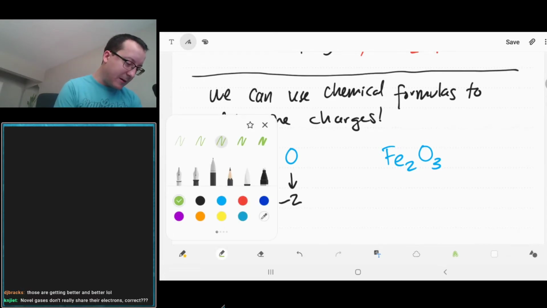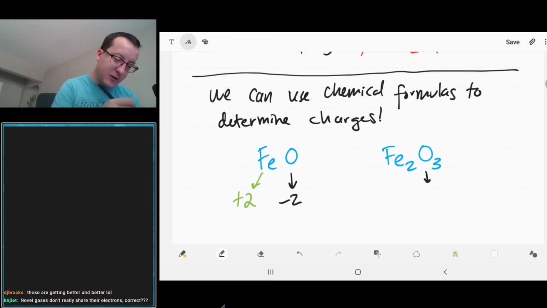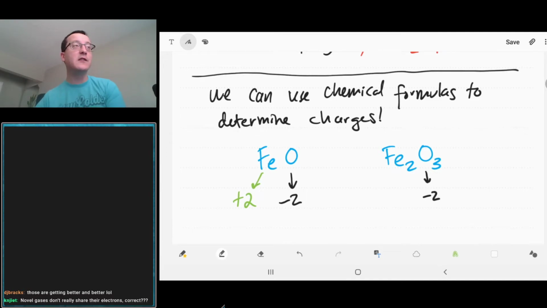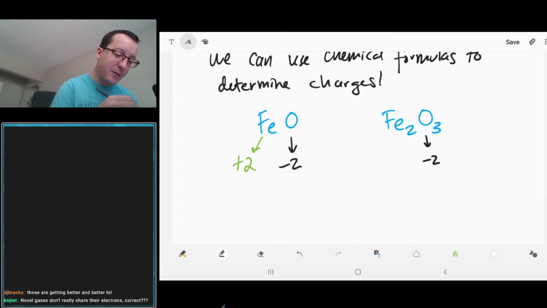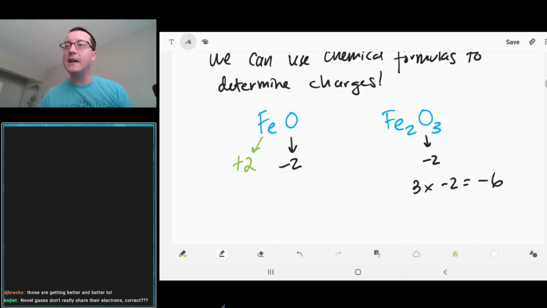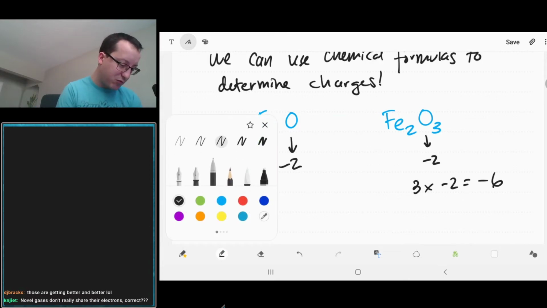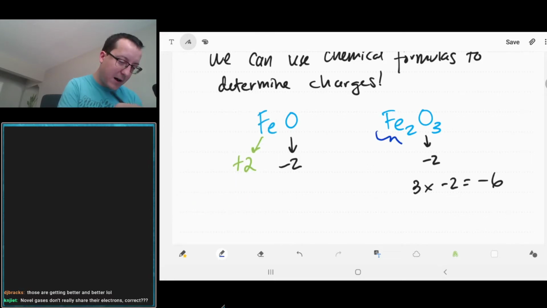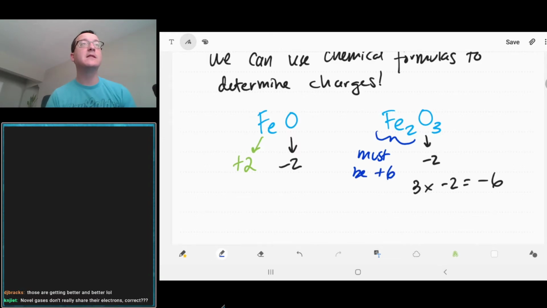If we look at the one on the right, we know again oxygen has a fixed charge of -2 as a simple ion. So 3 of them overall is -6, right? Because we must always, always, always make sure things are balanced properly, this tells us that this positive part must be +6.